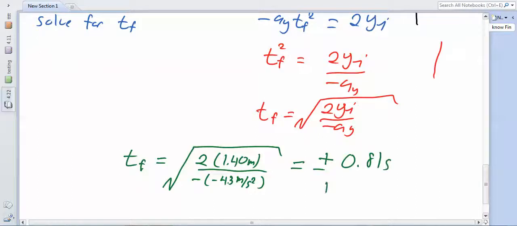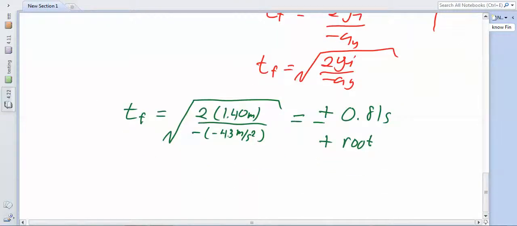But we need to keep the positive root because we started our experiment at t equals 0, so it doesn't make any sense for time to go backwards. So therefore the final time would be equal to 0.81 seconds.